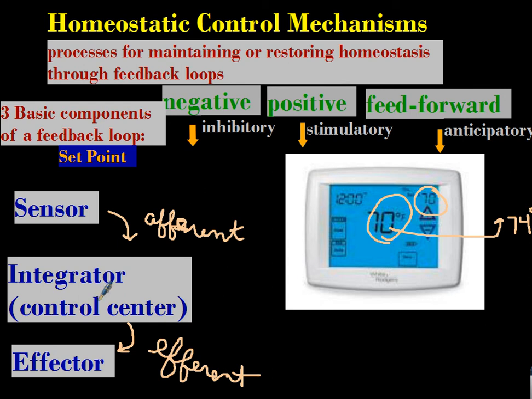The integrator will then tell the air conditioner and fan to kick on, and they will oppose this change. They will kick on until we get the temperature back to where we have it programmed. And so that would be an analogy of what goes on in our body for homeostasis and these feedback loops. And this would actually be a negative one because you're inhibiting the change.